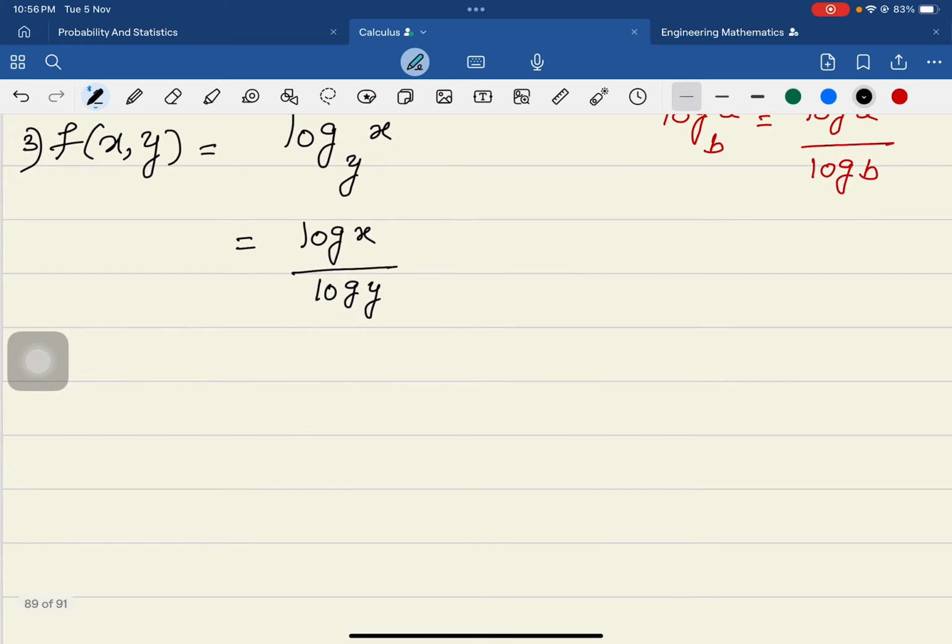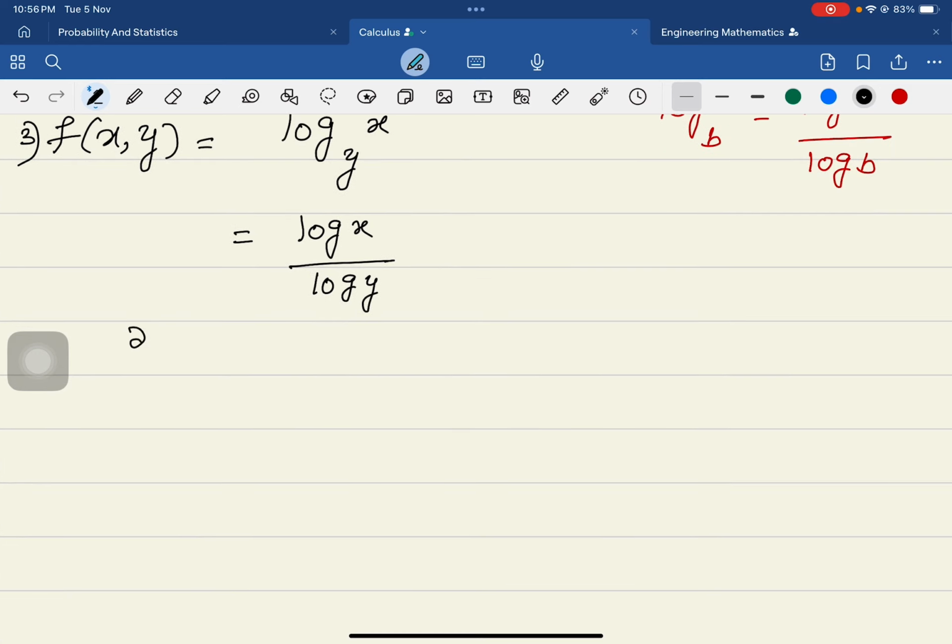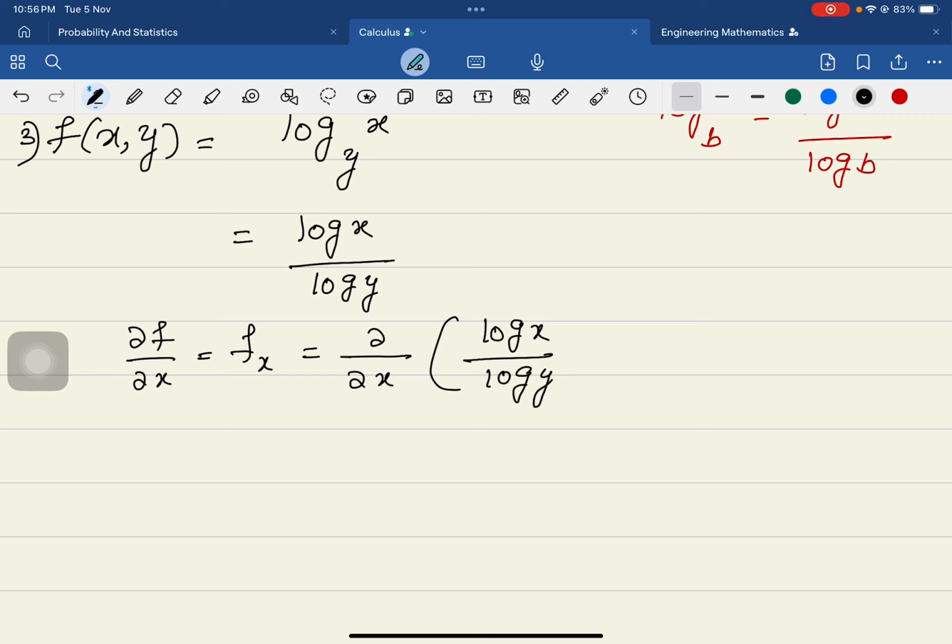So now let us take this. What is fx? ∂f/∂x is given by fx. Now that is ∂/∂x of log x by log y. Now what is the constant here? We are differentiating with respect to x, so 1 over log y is the constant.